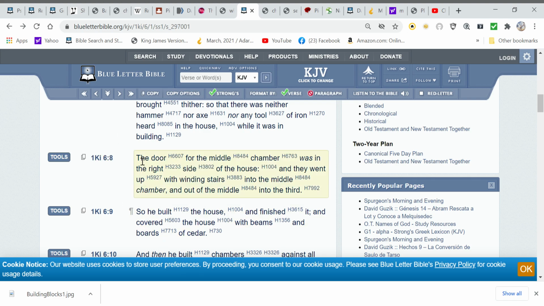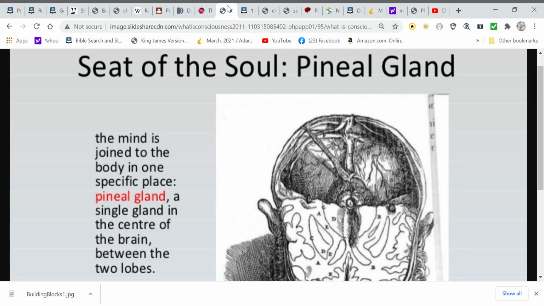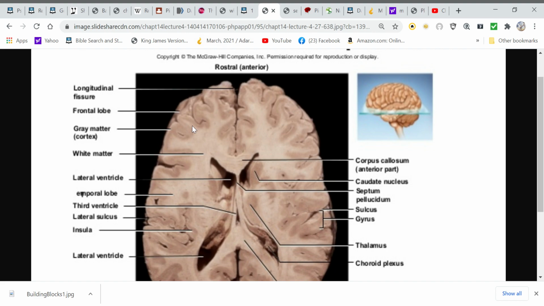So now remember, we got to look at this in spiritual eyes, and I want to show you something before we do that. Okay, we know that we were shown the seat of the soul is located at the center of the brain between the two lobes, right here at the center between the lobes. Okay, and then we're going to look at this right here. This is an overview.